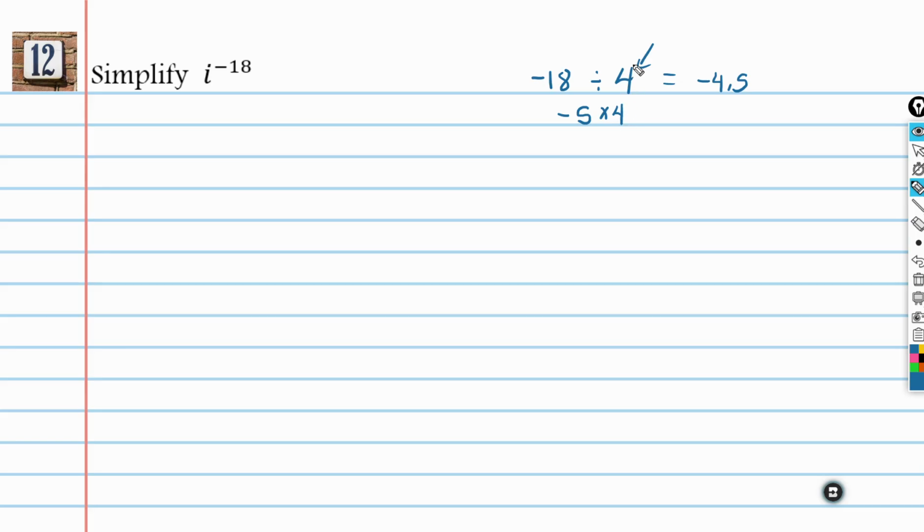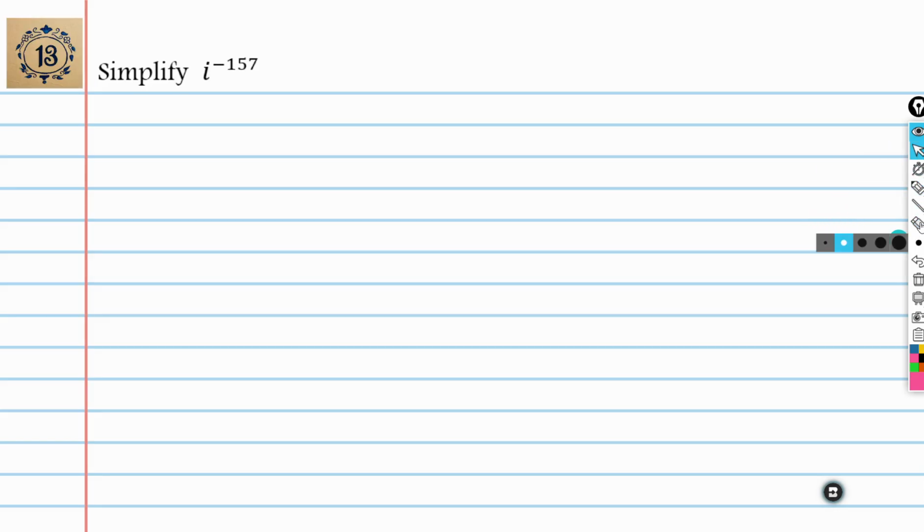Again, that 4 is always going to be here, because that's the cycle of 4. So negative 20. Negative 20 plus what is equal to negative 18? We need to add 2. So this becomes our power on our i. i squared, going back to our chart, is negative 1. That's your answer.